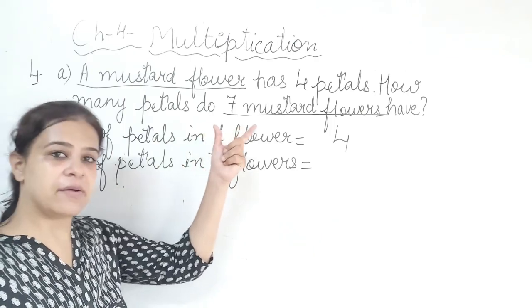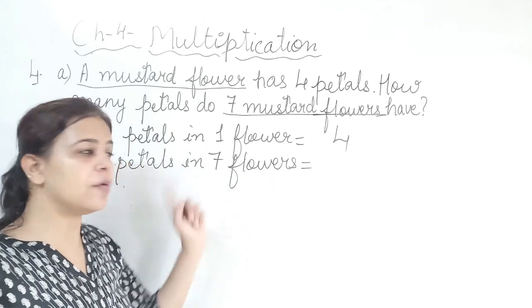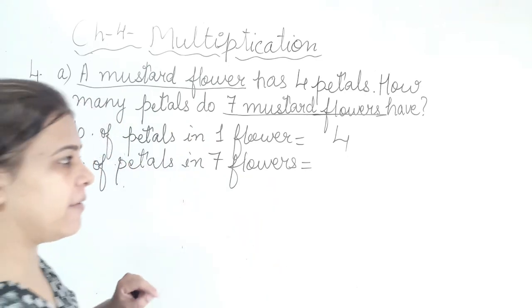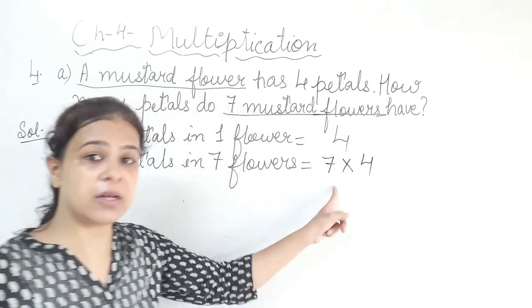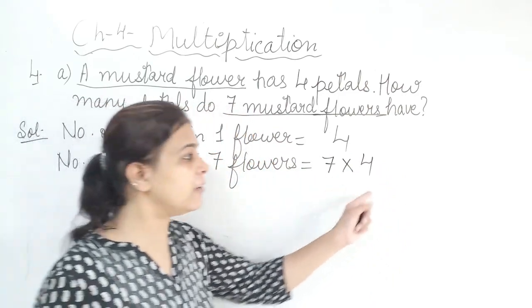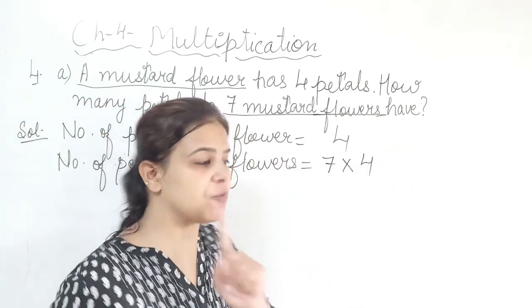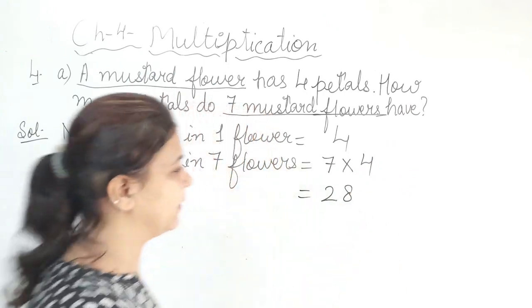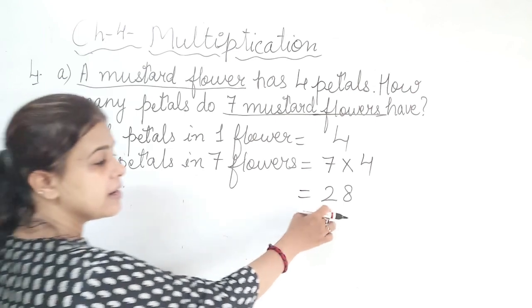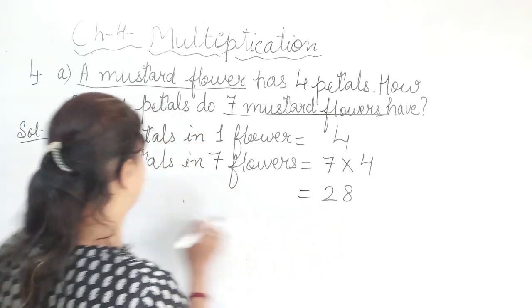What will I write? 7 fours are or 4 sevens are? I will write down 7 fours are, because 7 groups will be there and 4 petals in each flower. So 7 fours are 28. I will write down 28 petals.